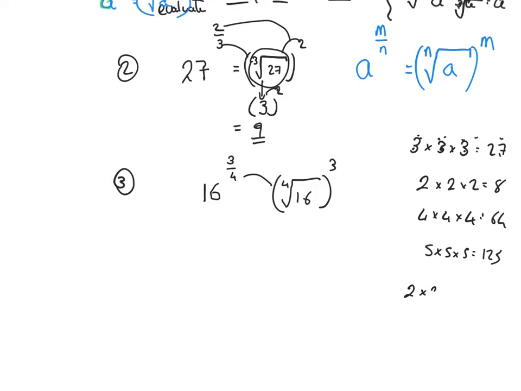What's that? That's 2, because 2 times 2 is 4, times it by 2 is 8, and times it by 2 is 16. So that's 2 cubed. 2 cubed, what's that? That's 2 times 2 times 2, and that gives me 8.